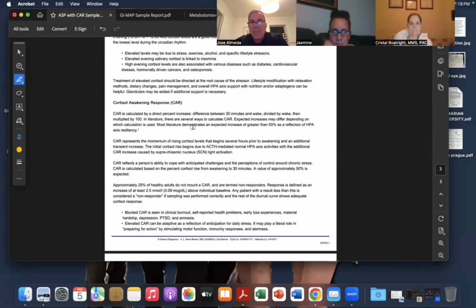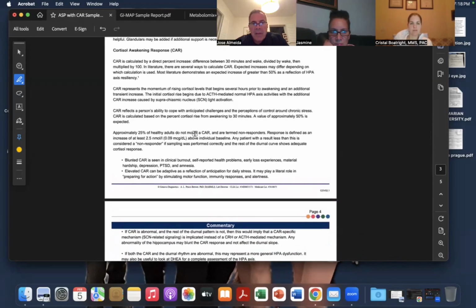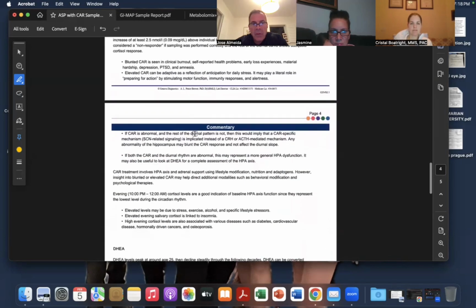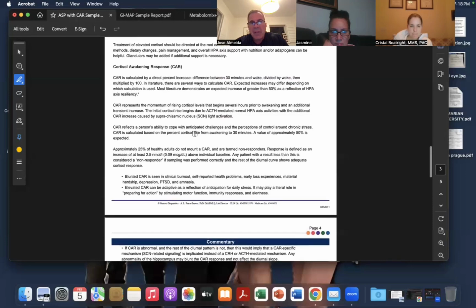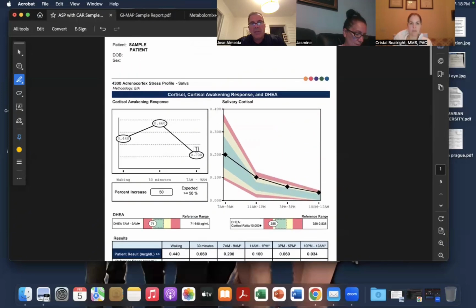What does that 50% mean when it says 50? Most literature demonstrates an expected increase of greater than 50% as a reflection of HPA axis resiliency. There's an actual, can't find it right now, what the actual 50% ratio means, but just think of it like that expected increase of greater than 50%. So this should be 50% increase at 30 minutes.